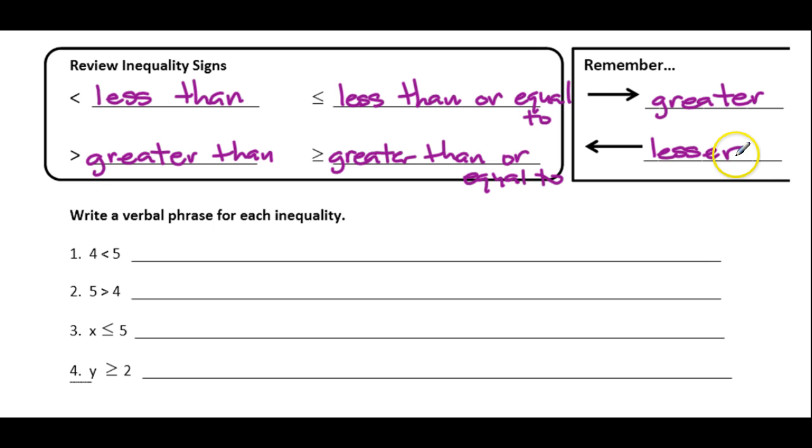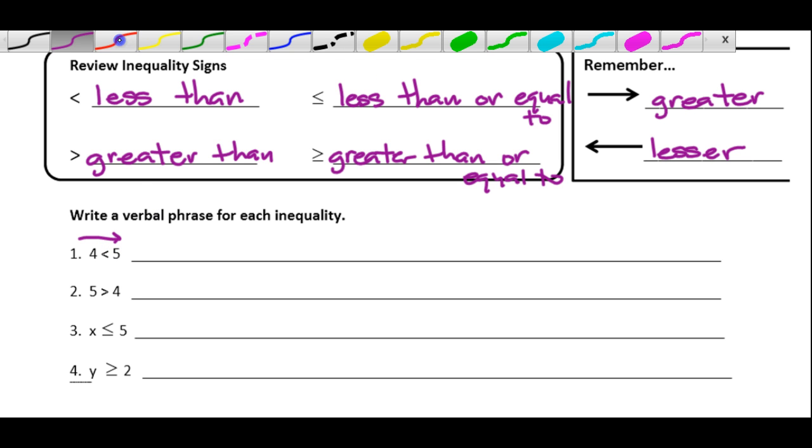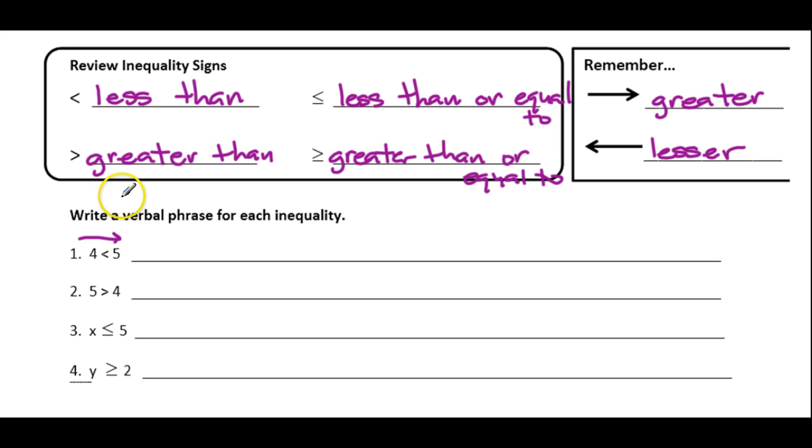All right, so first thing we want to do is just make sure we can read these inequalities and translate them. Now the important thing to remember is you are going to read left to right, just like you read English. So for this first one, we have 4 less than 5.